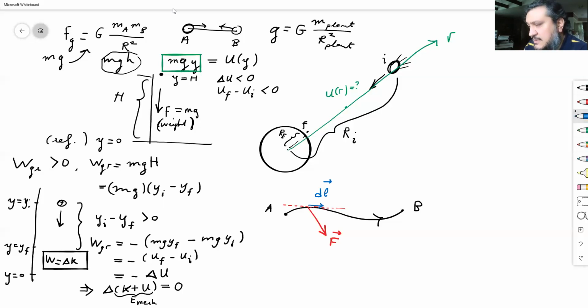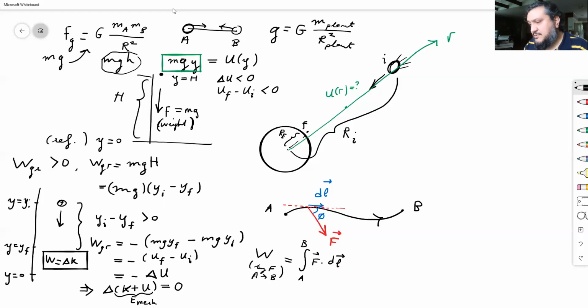dl. And this dl and F are not parallel, not necessarily. In general, there's an angle here, call it phi. So in this case, you can define the work done by F along the path from point A to B. This is defined as an integral from point A to point B, F dot dl.